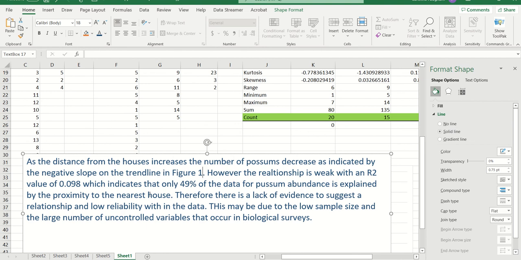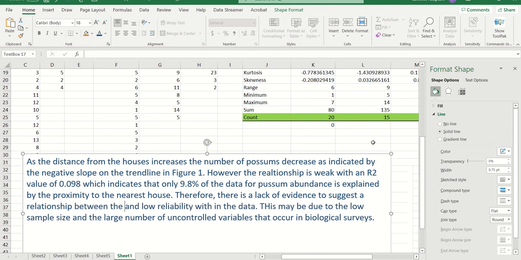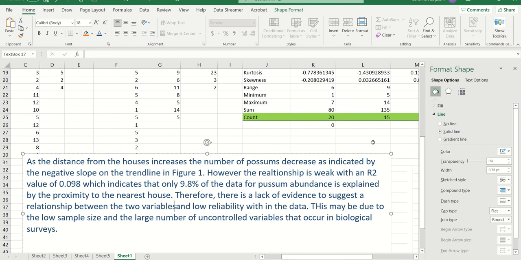However, the relationship is weak with an R squared value of 0.098, which indicates only 9.8% of the data for the possum abundance is explained by the proximity to the nearest house. Therefore, here's my bit of interpretation, linking it back to my research question, which I didn't do previously on the other one. Therefore, there's a lack of evidence to suggest a relationship between the two variables, and a low reliability within the data.